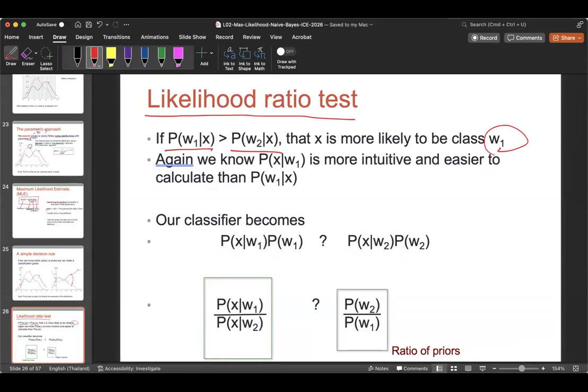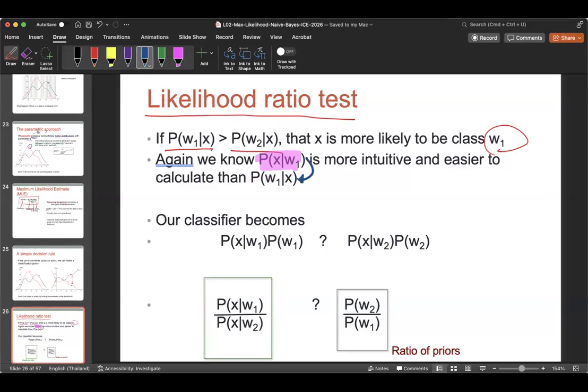Usually in practical settings, we start with this. We estimate this distribution, X given W. We start with this, and we use Bayes rule to convert to this.